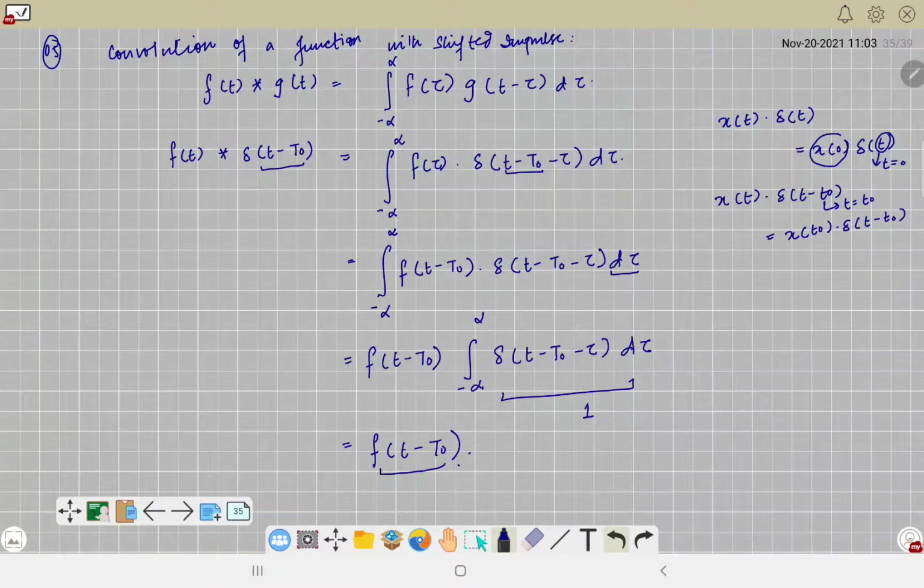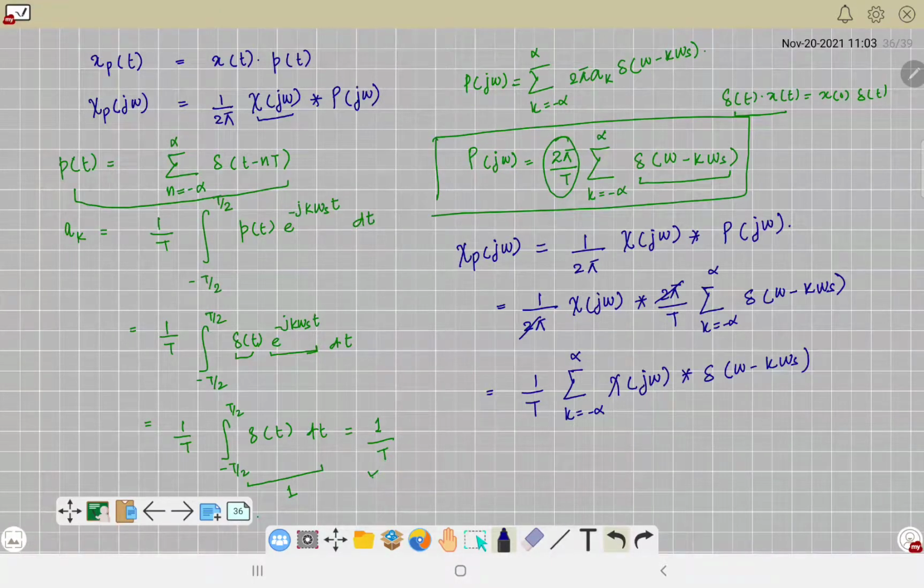Now come to this property. If you are convolving a signal f of t with a shifted impulse, it is equivalent to this. Which means if I am convolving a signal X of j omega with the shifted impulse, it will be 1 by t times the summation, which remains the same, and the result of this convolution will be this function shifted in frequency.